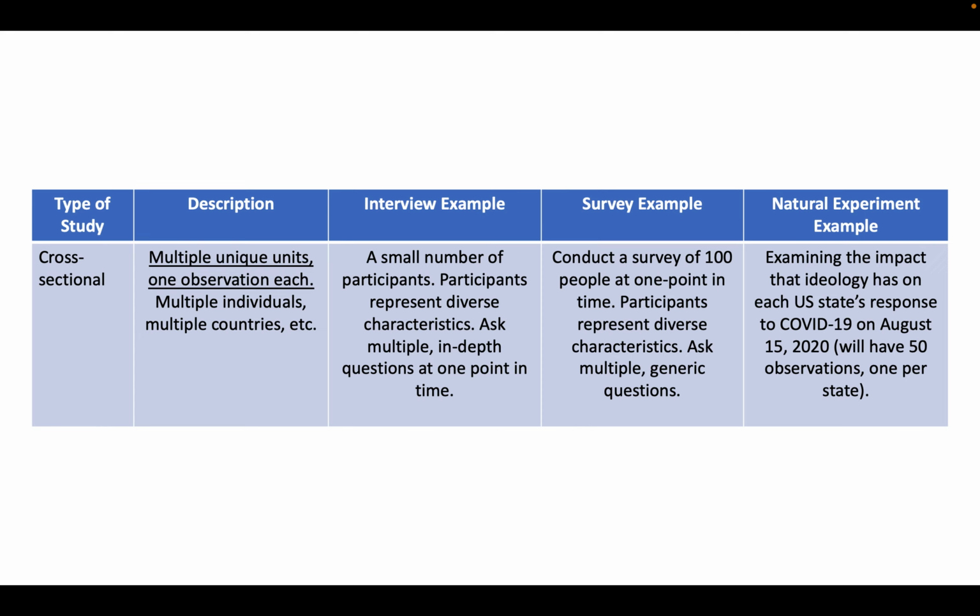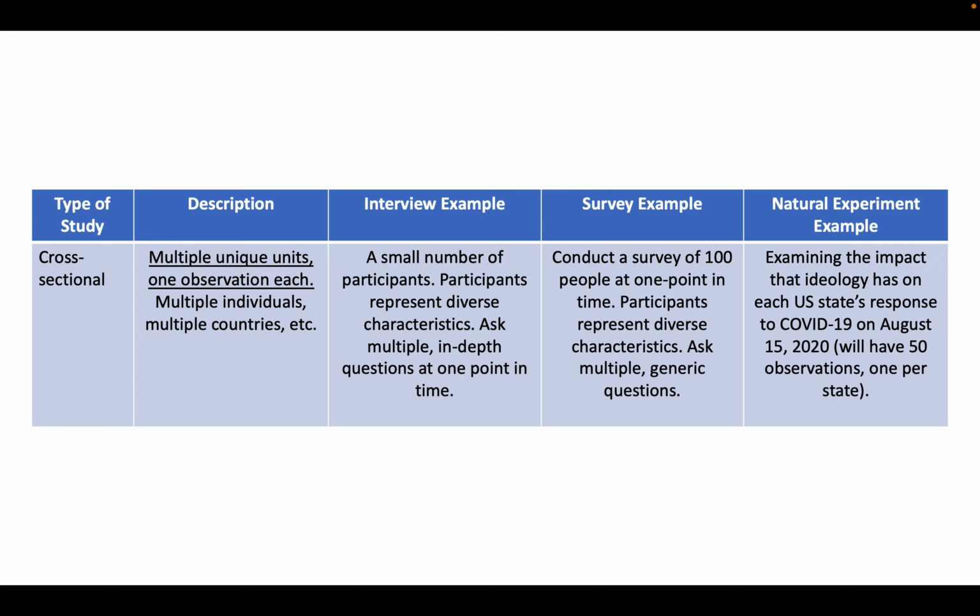Cross-sectional designs have multiple unique units, one observation each. So multiple individuals, multiple states, multiple countries, those would be cross-sectional. If we're thinking about an interview example, it would be a small number of participants that represent diverse characteristics.